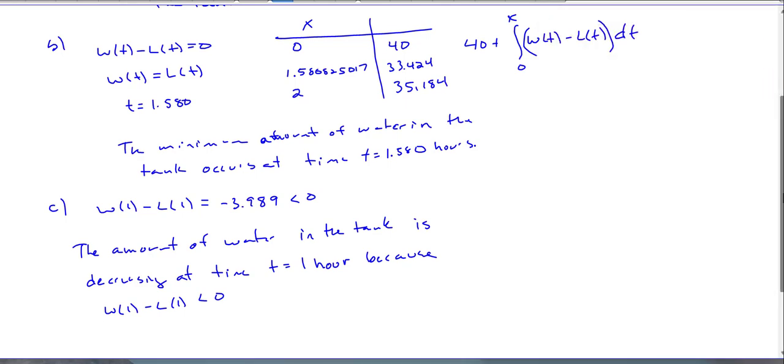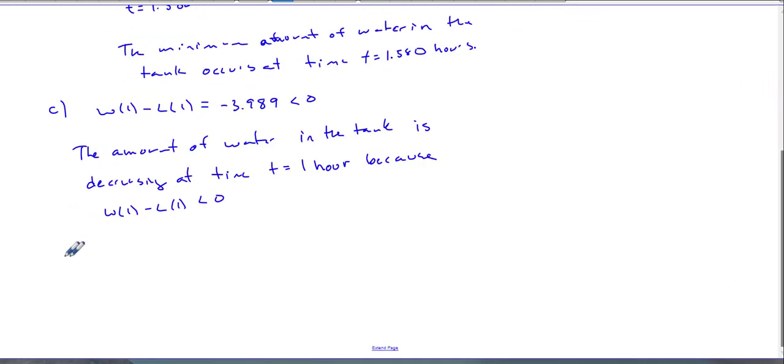All right, let's see what part D has us doing. Never seen this before in my life. The tank holds up to 300 gallons of water. For t greater than 2, water continues to be poured into the tank at a rate of W of t. So we still have the rate in at W of t.